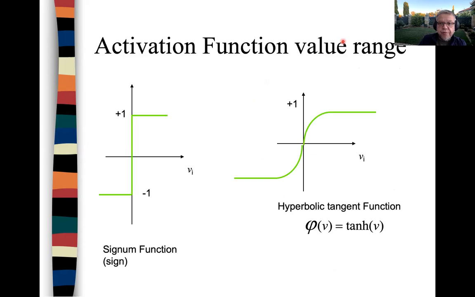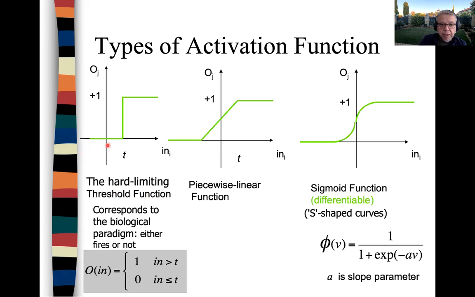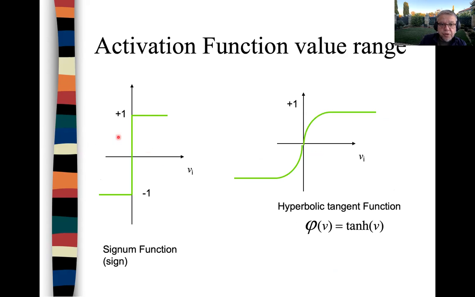Other activation functions include, as we've seen here, functions that go from 0 to 1. Now, there are other functions whose output is -1 or +1. So this is the signum function, the sign function.